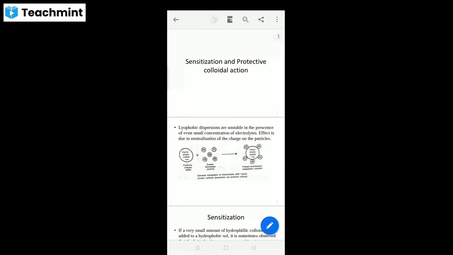We are taking the help of lyophilic colloid to maintain the stability of lyophobic colloid. Understood, everyone? Yeah. So, how can we do that?